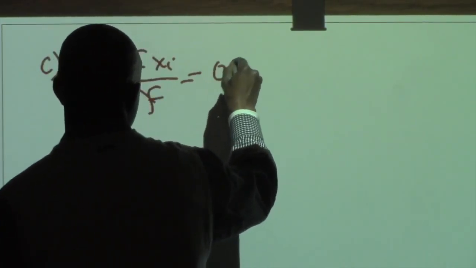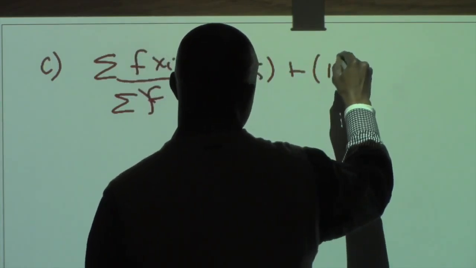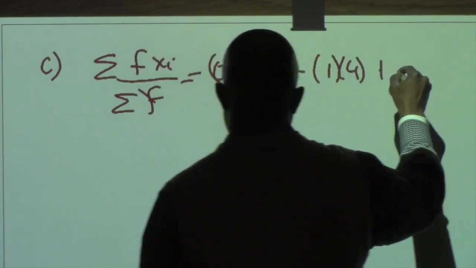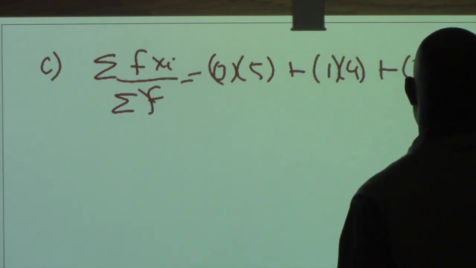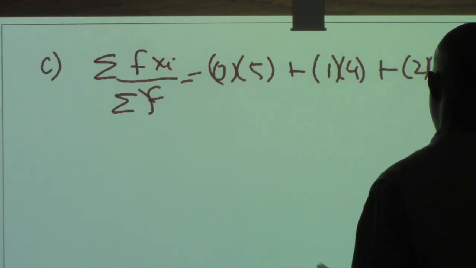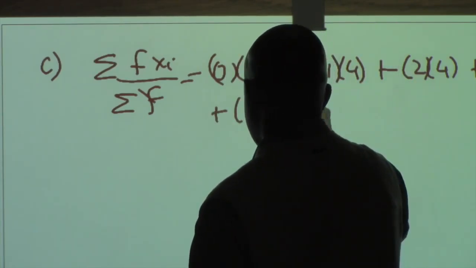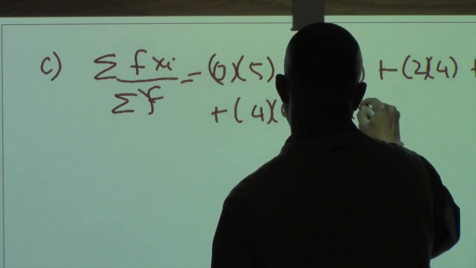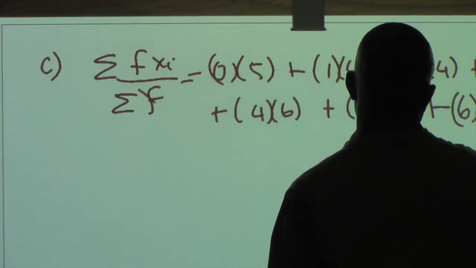So we're going to do 0 times 5 plus 1 times 4 plus 2 times 4 plus 3 times 3 plus 4 times 6 plus 5 times 4 plus 6 times 7.